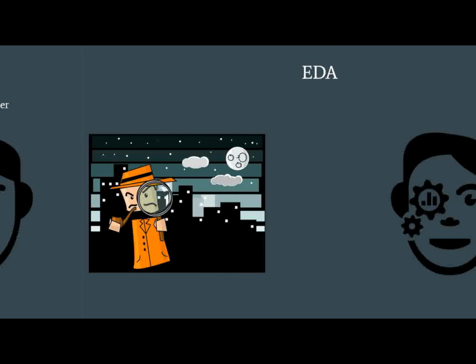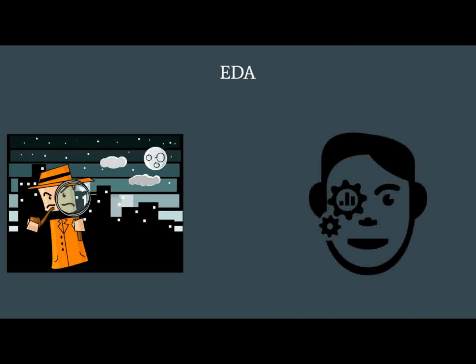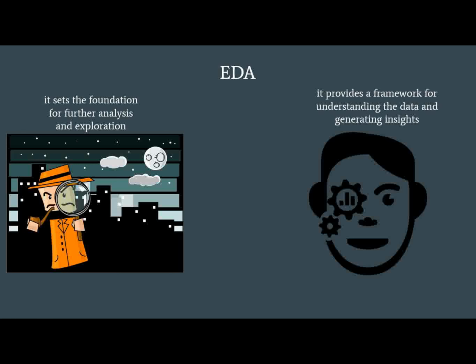So in short, EDA is the very first step in setting the foundation for further analysis and exploration. Same way, for a data scientist, EDA provides a framework for understanding the data and generating insight that can guide the subsequent analysis.